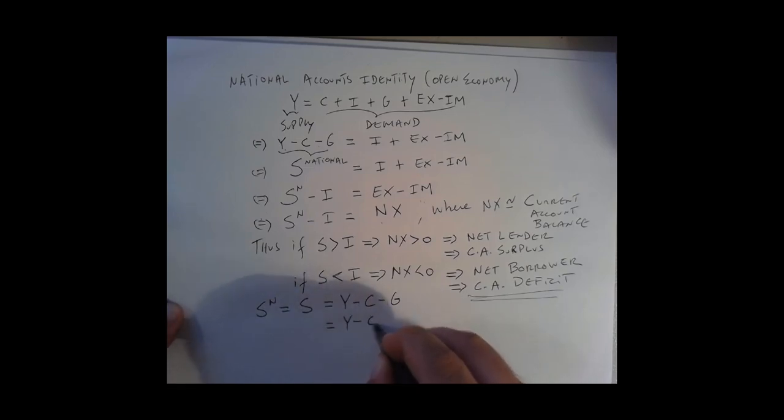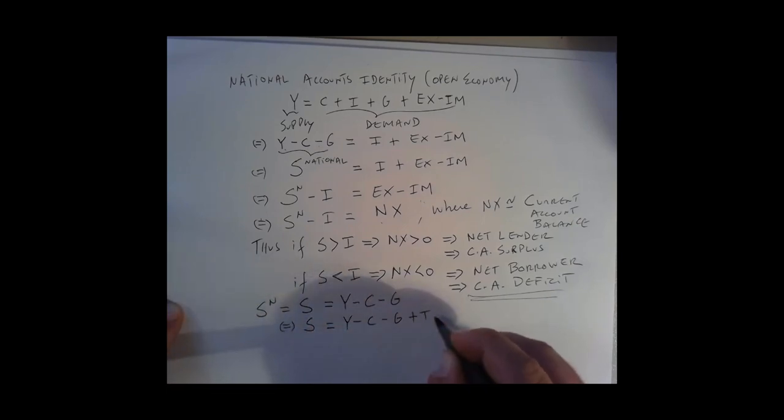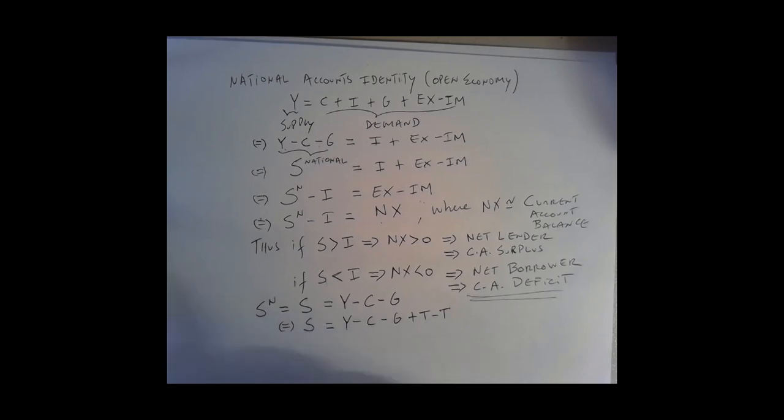So that the equality still holds, because we're just adding and subtracting taxes. Taxes are paid by the households and are a revenue for the government, so collected by the government. They offset each other because they are coming from within the economy anyway.